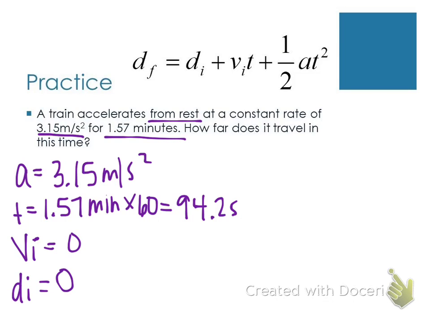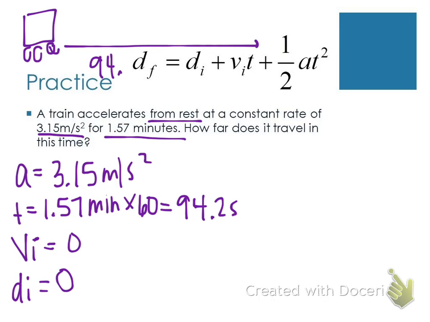Here's why. We're looking at only this picture of time where our train starts this acceleration of 3.15 meters per second squared. Our train's moving along, I'm going to draw a little train. It's going to accelerate during this time. So here's that 94.2 seconds, and it ends up over here somewhere. We don't care where it starts.